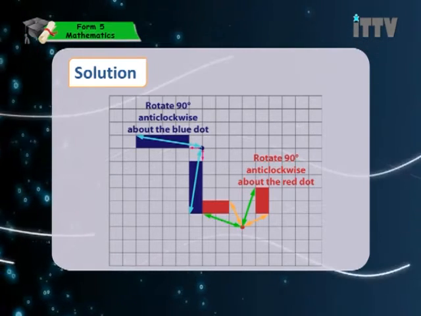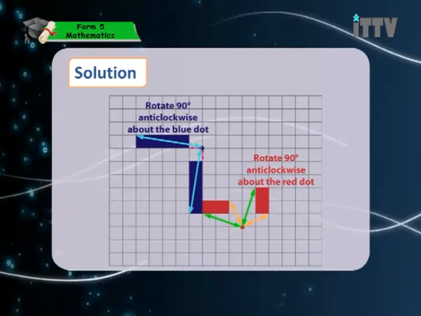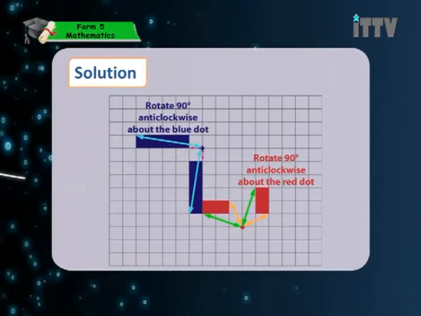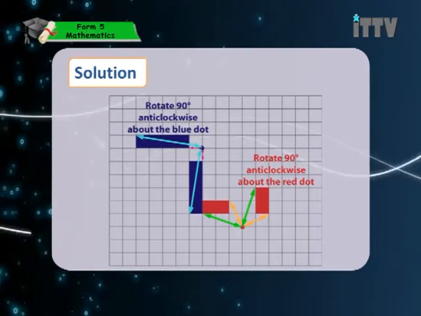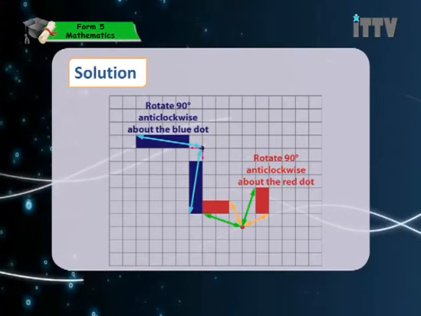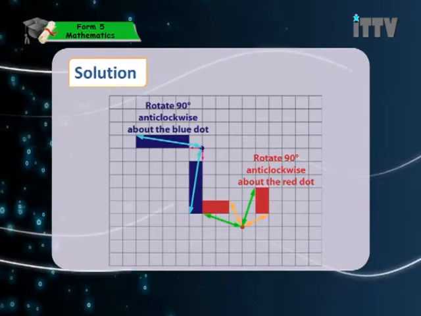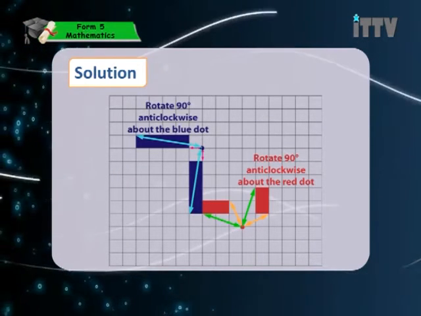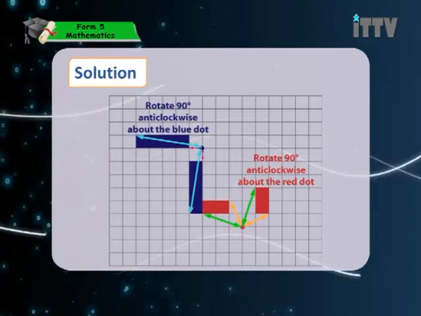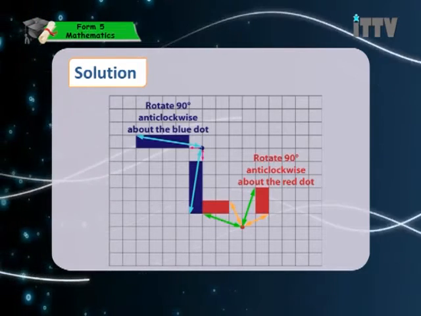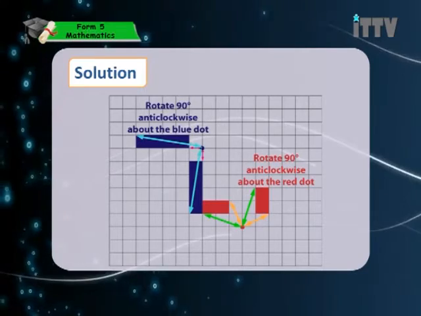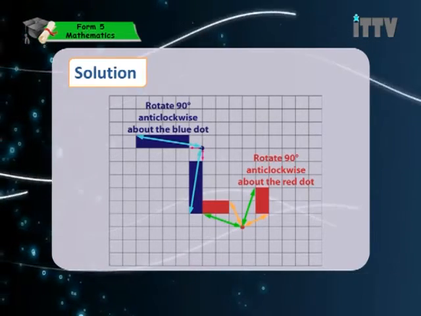The arrows simply indicate that the distance from a particular point on the object to the center must be the same as the distance of the corresponding point on the image from the center. Now, what about the red object? When we do the rotation as well, you will get the image as seen, and notice that the arrows will help us. Just visualize it. There is a rotation of 90 degrees on both, so we will get the letter L.